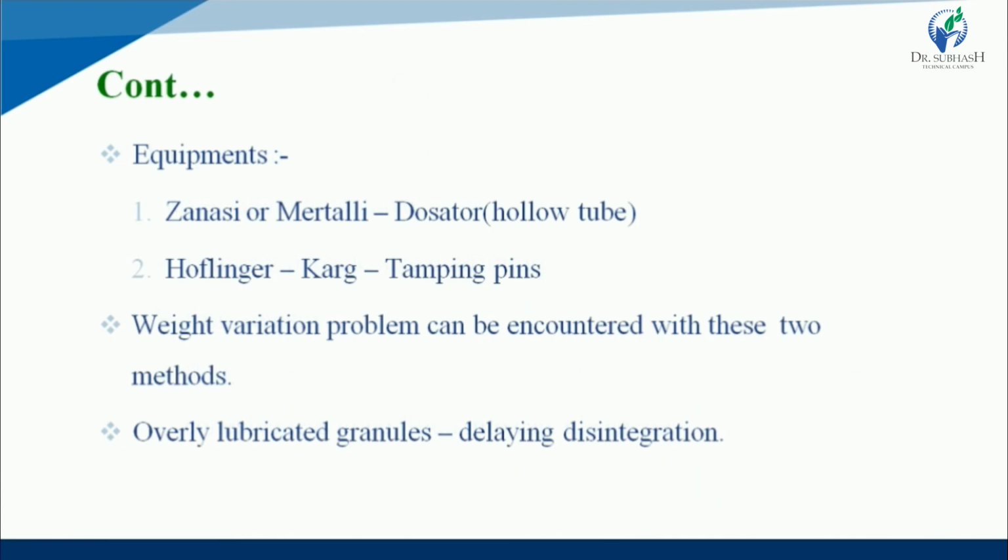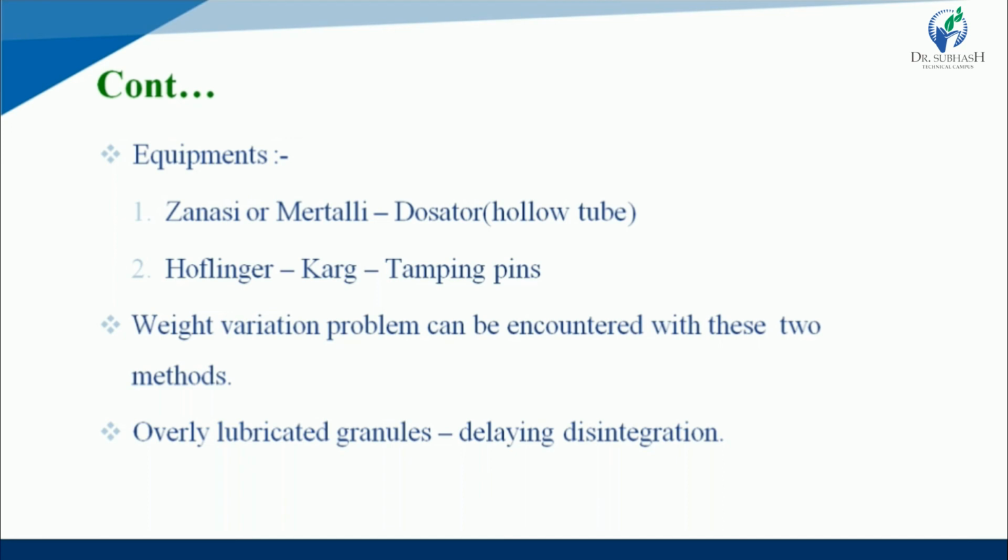Equipment required for capsules. First one is Zanasi or Mattila, which is a type of dosator machine. Next one is Hofliger Karg, which is one type requiring tamping pins. Weight variation problems can be encountered with these two methods.